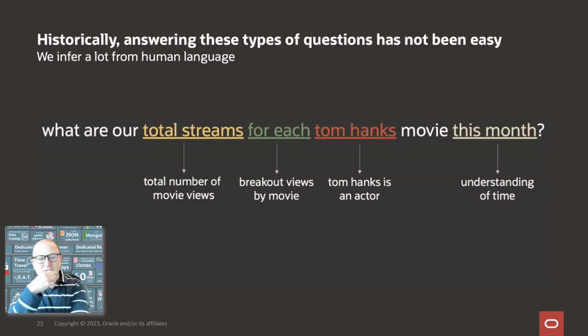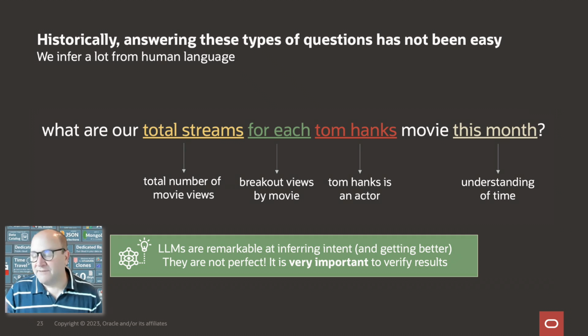And when you say for each, what you're saying is I want the total streams for every single movie. Think about it in SQL terms, a group by. Then I'm going to say I really would like Tom Hanks movies. Well, it's going to infer that Tom Hanks is an actor. Pretty cool. It knows that Tom Hanks is an actor, and it's going to use that information, even though it's not mentioned here, to look for something around actor to solve this question.